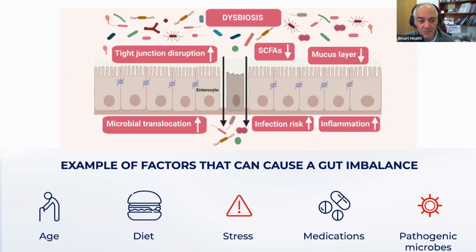Because of all this, and because of disruption of the tightness and integrity of the gut lining, which is only one cell thick, we have passive entrance of bacteria and their harmful substances towards our tissues from the hollow tube, which, I repeat myself, is an external tube from the mouth to the anus.